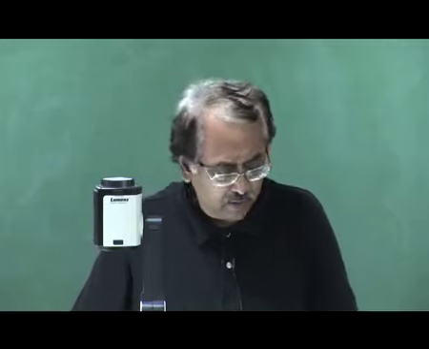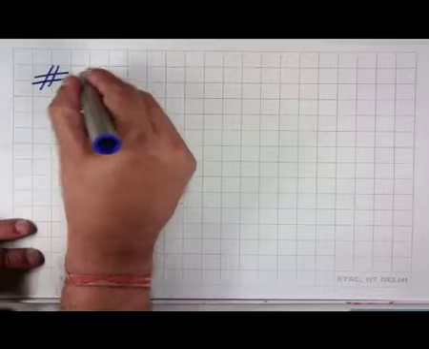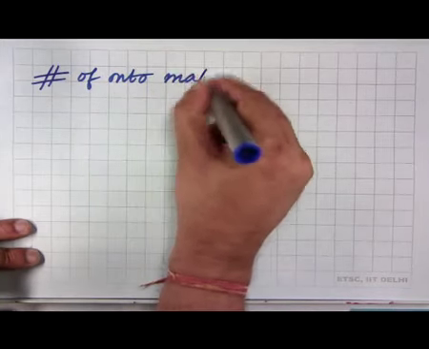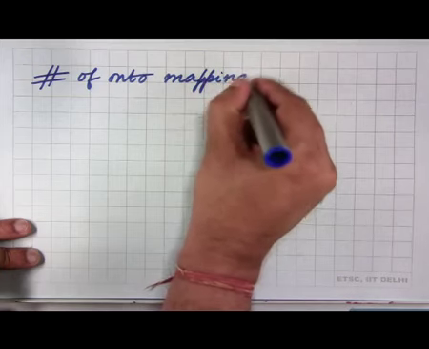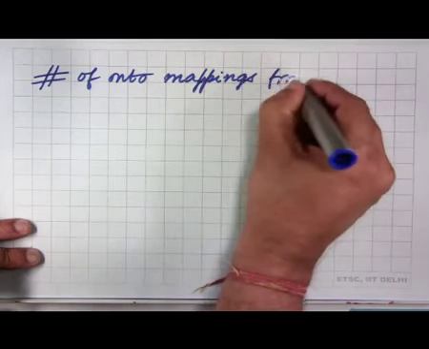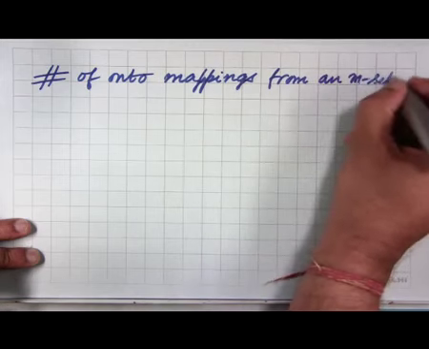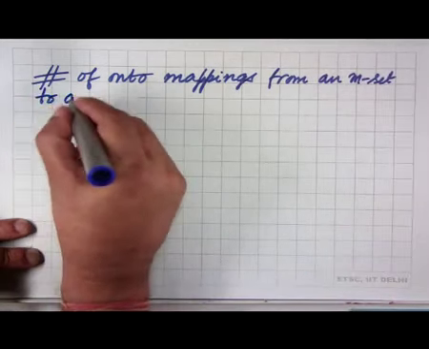Let me begin by talking about the number of surjections, number of onto mappings, from an m set to an n set.